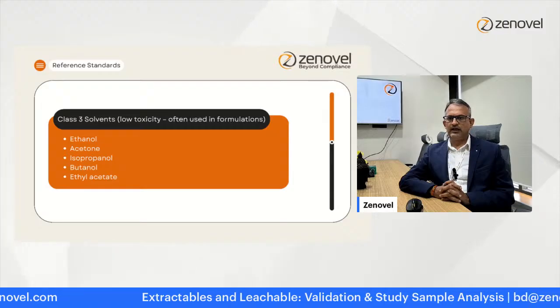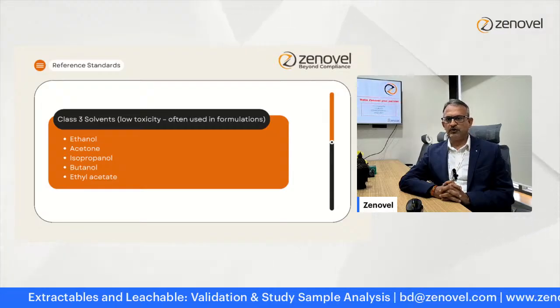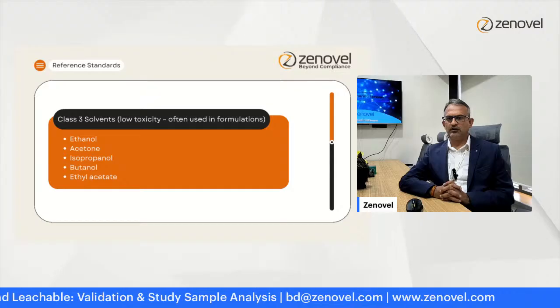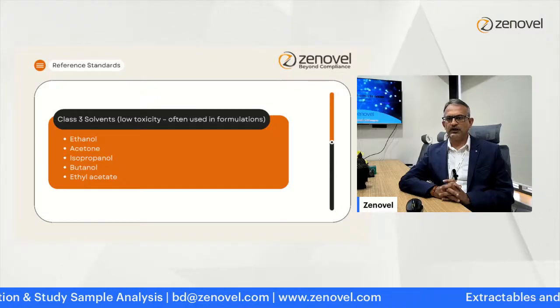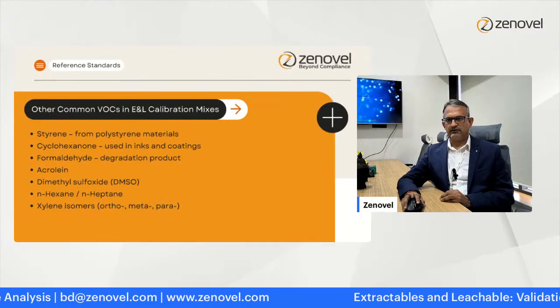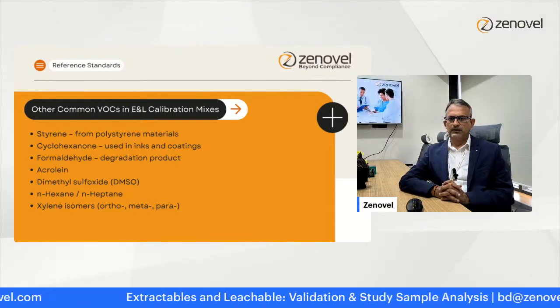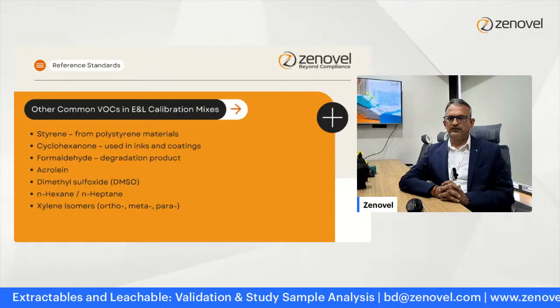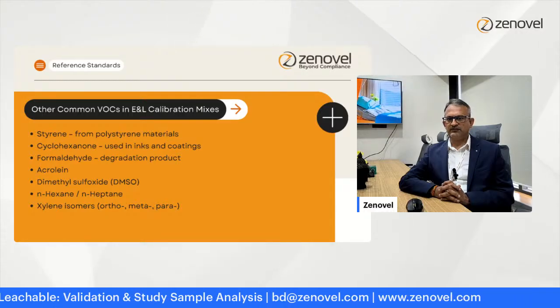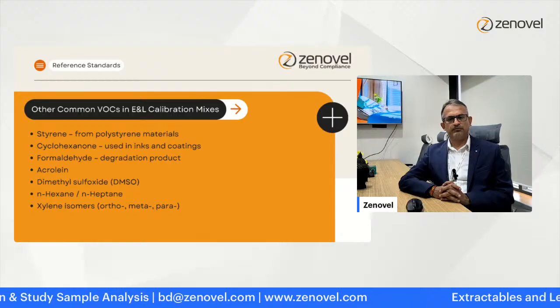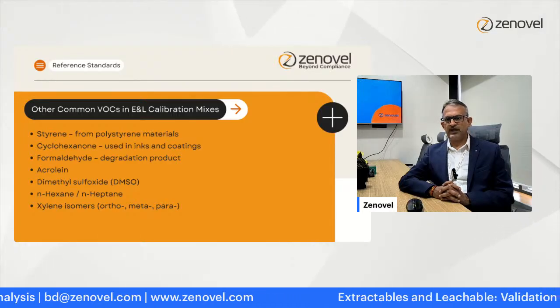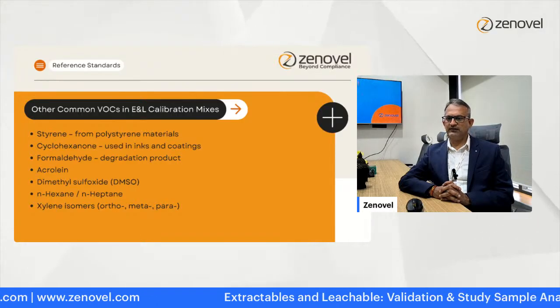Class 3 solvents have low toxicity and are often used in formulations, for example ethanol, isopropanol, and so on. Other common VOCs in extractables and leachables calibration mixes are presented here, for example styrene for polystyrene materials.